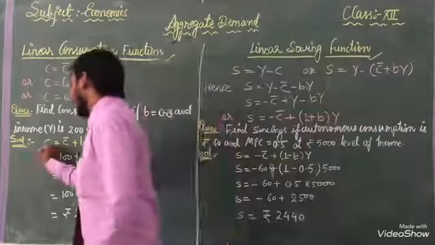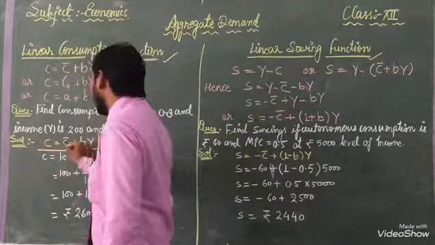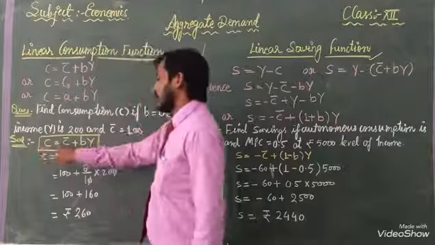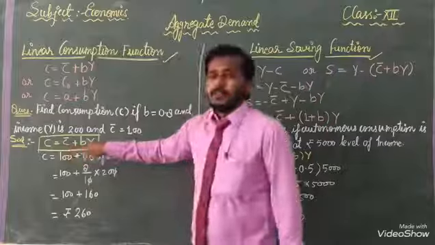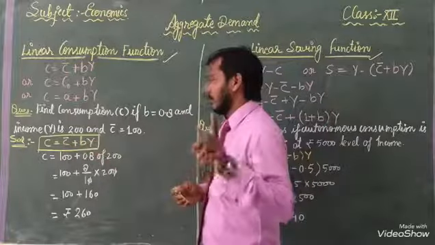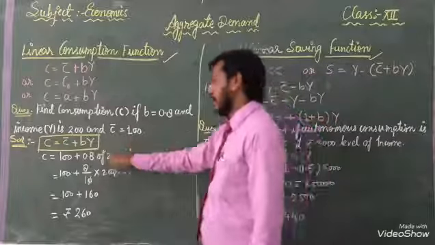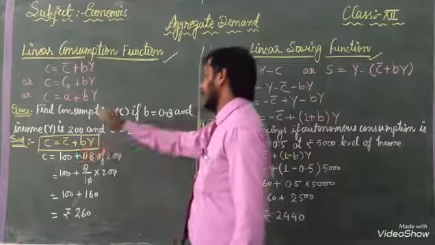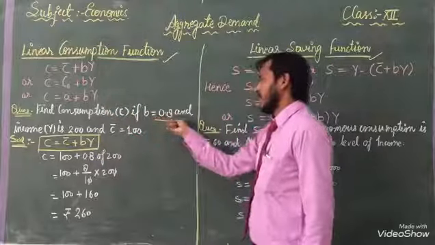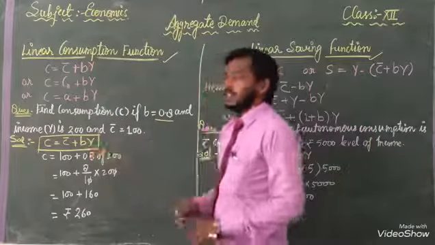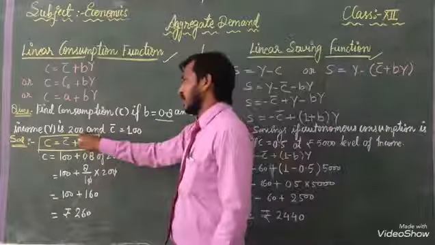Suppose I have this formula here: C equals C bar plus B y. According to our question, C bar is given as 100, B is given as 0.8, and y is given as 200.